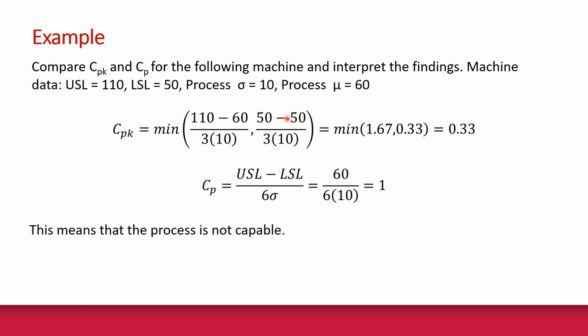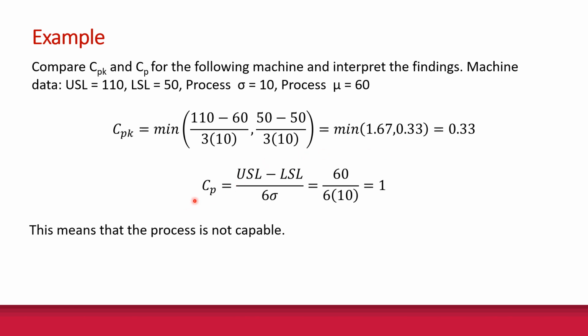Here again, we're taking the upper specification limit minus the mean divided by 3 times sigma, and the mean minus the lower specification limit divided by 3 times sigma. So you have to select the minimum between 1.67 and 0.33, which gets you 0.33. So the C sub PK value is 0.33, which means the process is not centered.